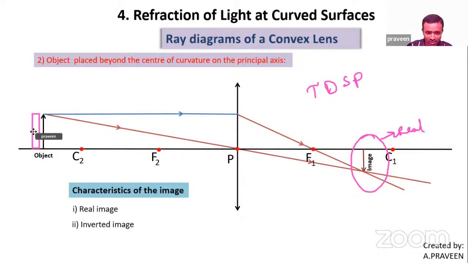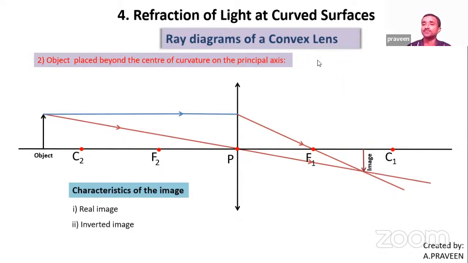Then I'll move this towards the image without changing it. Now measuring, the image is smaller. So if it is larger, it means enlarged; smaller means diminished. So we can write the size of the image as diminished.